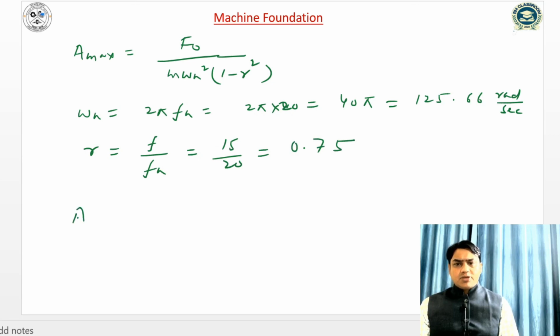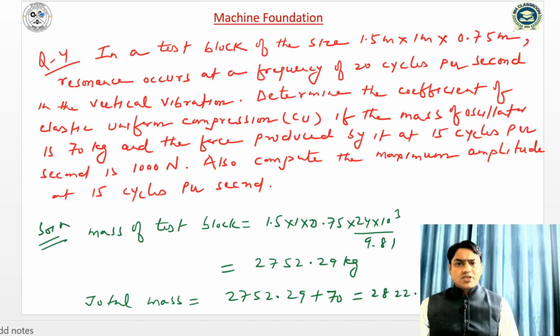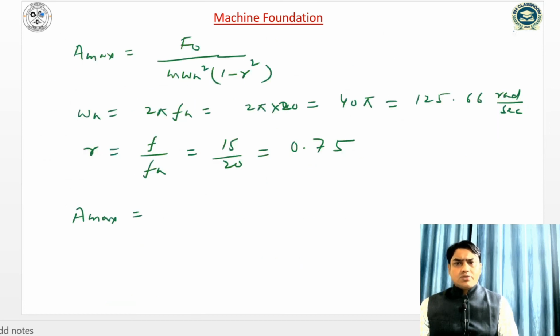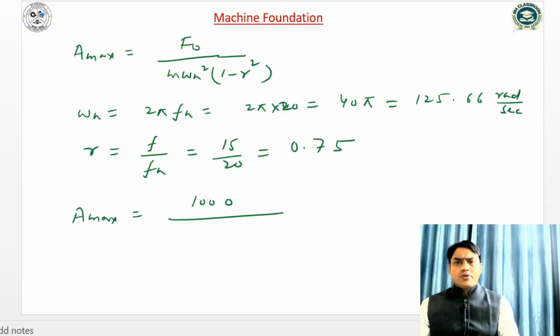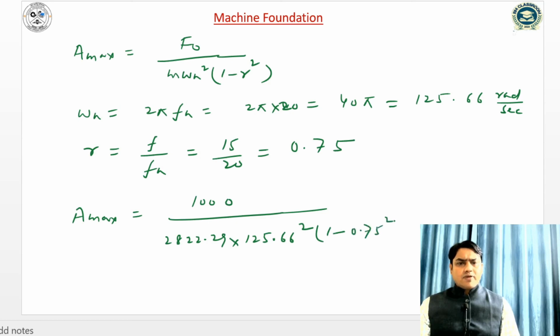So the maximum amplitude can be computed as: exciting force is given as 1000 Newton, so 1000 divided by total mass 2822.29 into omega n square, 125.66 whole square, into 1 minus r square, where r is 0.75 whole square.